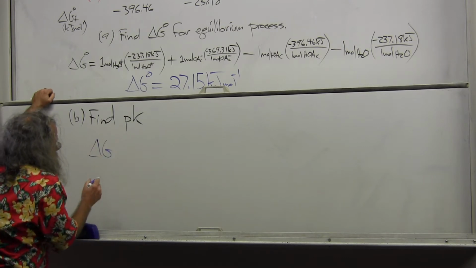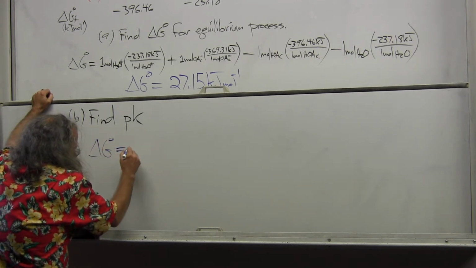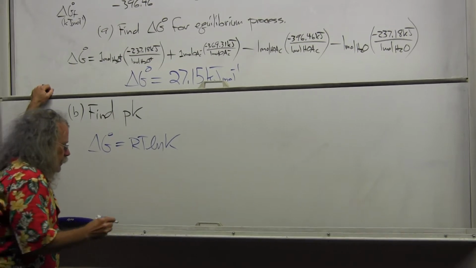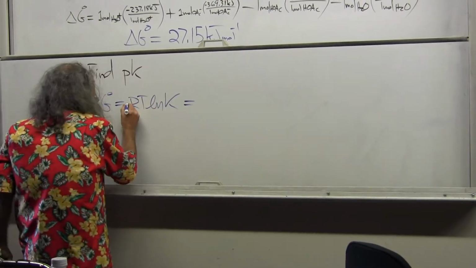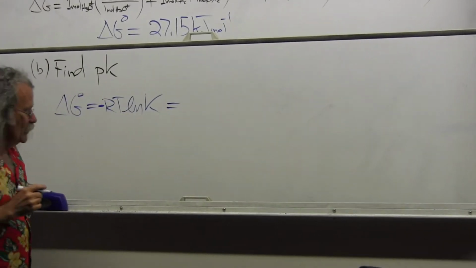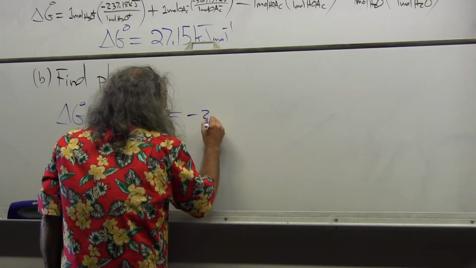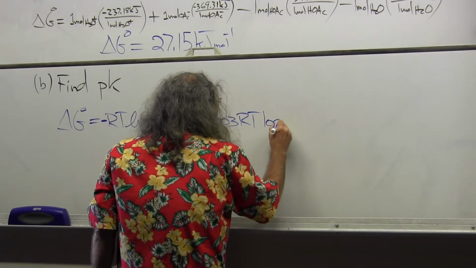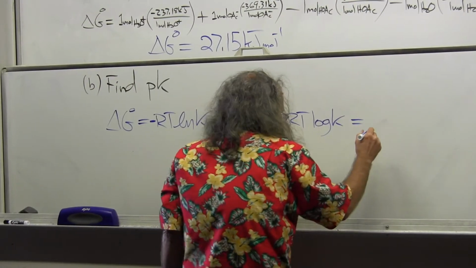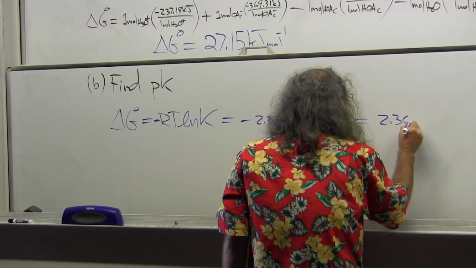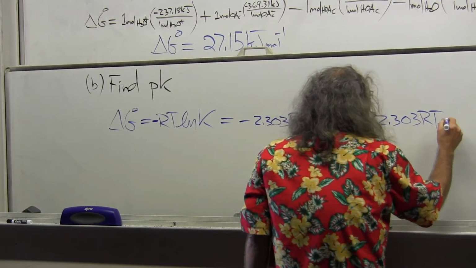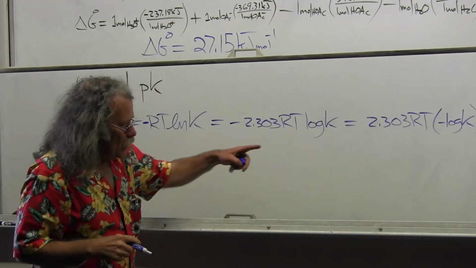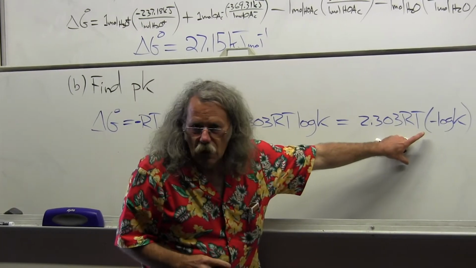delta G naught equals RT natural log of K. And that is equal to, oh, I'm sorry, I left out the minus sign. There you go. Thank you. And that is equal to minus 2.303 RT log of K. And that's equal to 2.303 RT times the minus log of K. The reason I wanted to rearrange it in that form was because the minus log of anything is what?